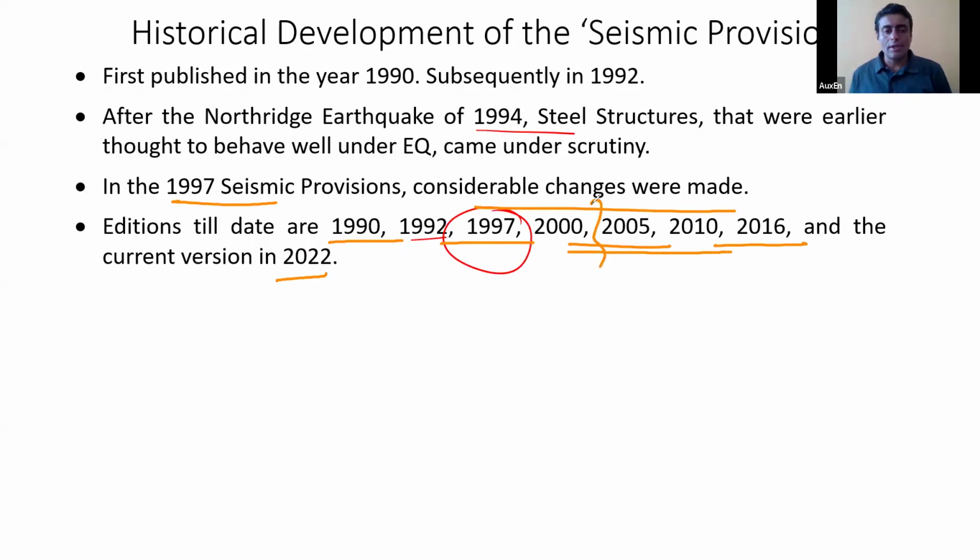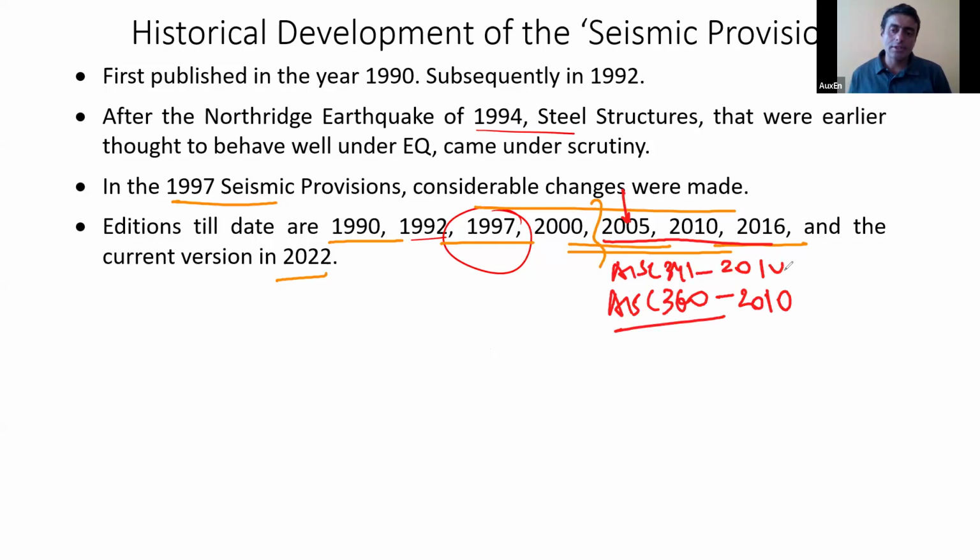Since 2005, the publication has been made consistent with the AISC 360. What that means is that every time the AISC 360 is revised, automatically the revision is made in AISC 341 also. For example, AISC 360 was revised in 2010, so 341 also got revised in 2010 and so on. Since 2005, it has been made consistent with the AISC 360.